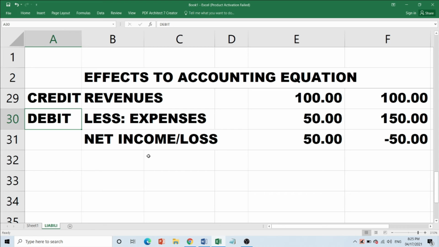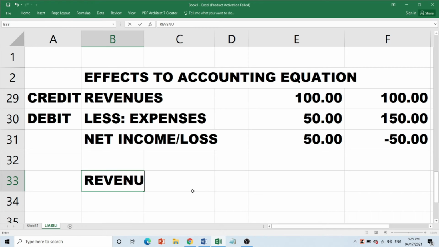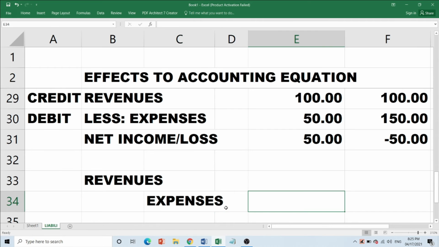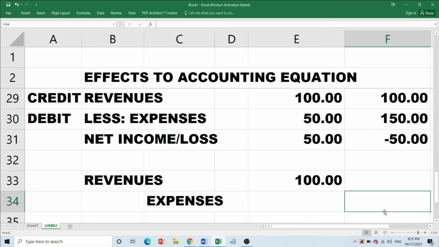So, in order for us to close this to the equity, ang mangyayari niyan, the revenues ilalagay natin sa debit side, expenses ilalagay natin dito sa credit side, amounting to how much yan? 50.